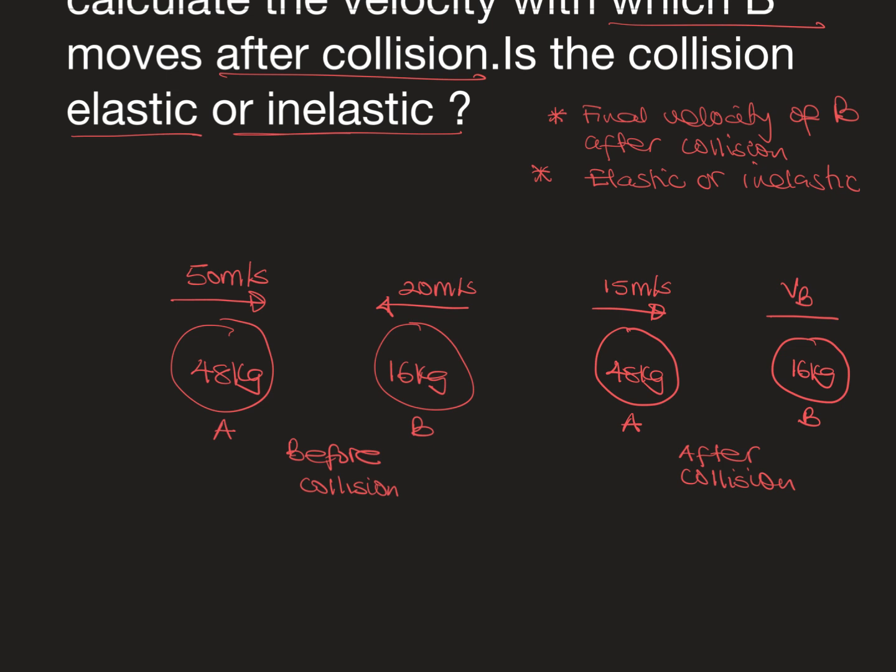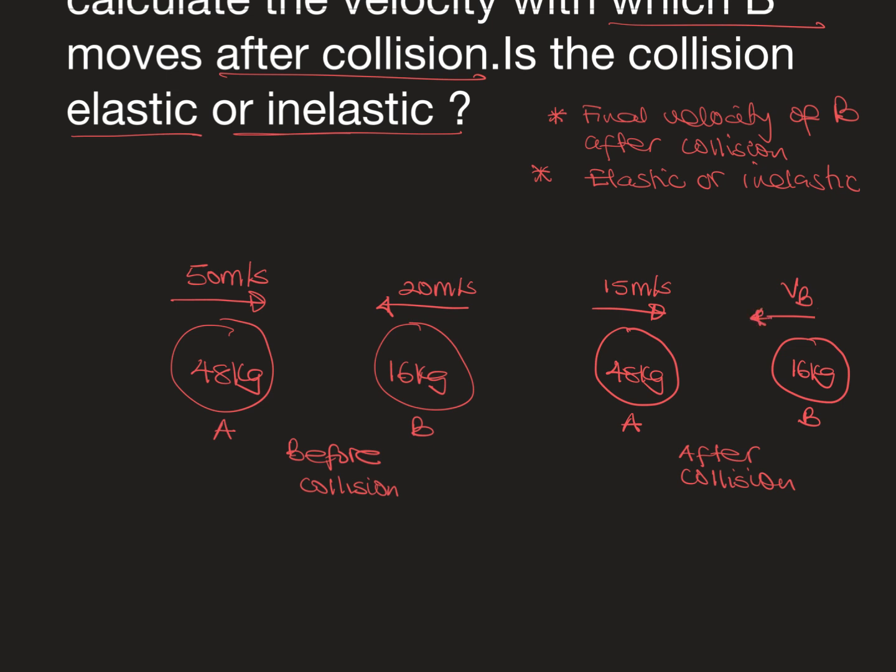Now, what I can understand from this is, if we have a positive answer for the final velocity for B, the direction will be indicated like this. It means that it is moving towards the right. Okay, but if the answer is negative, then this is how we're going to indicate the direction.